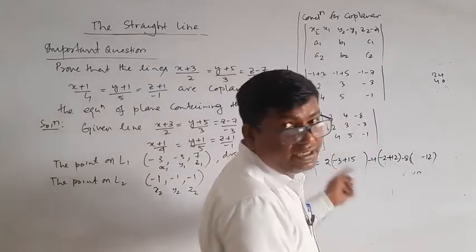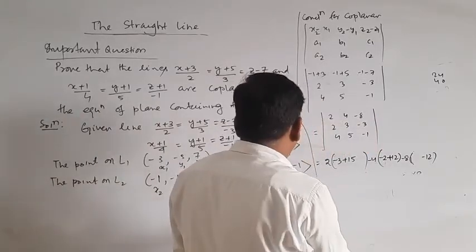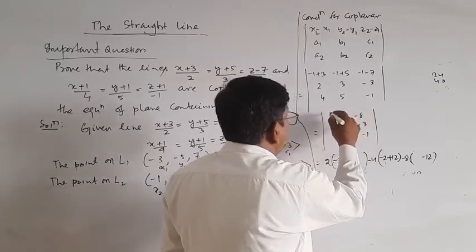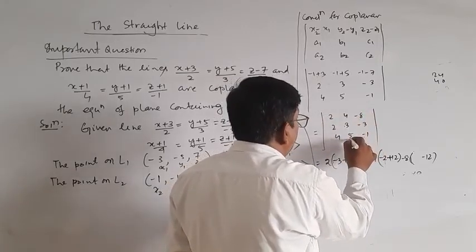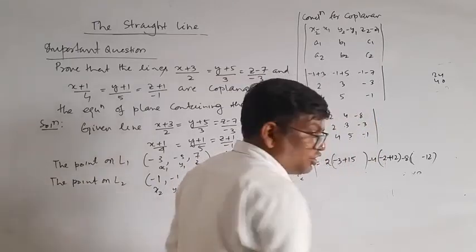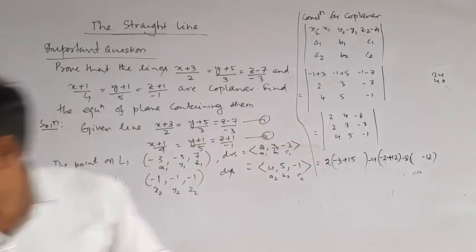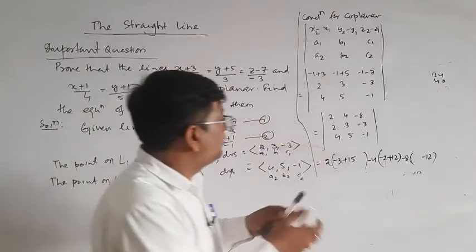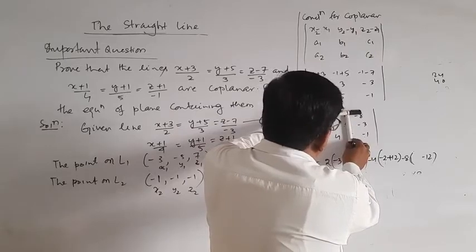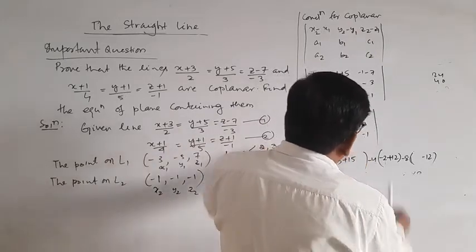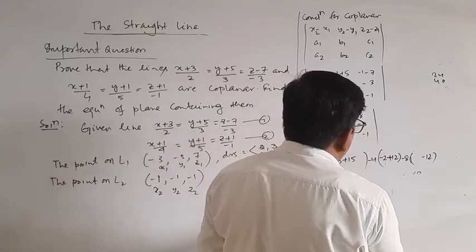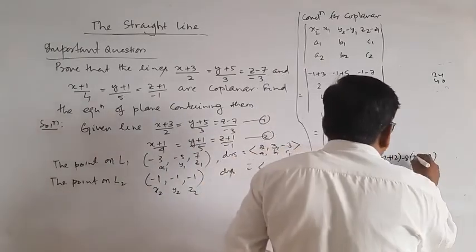So again, repeat this. So 2 into, cancel this row, minus 3 plus 15. Minus 4 into, cancel this, minus 2 plus 12, and minus 8 into 10 minus 12.